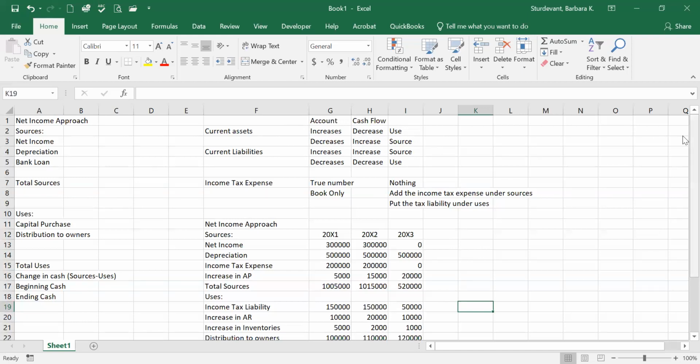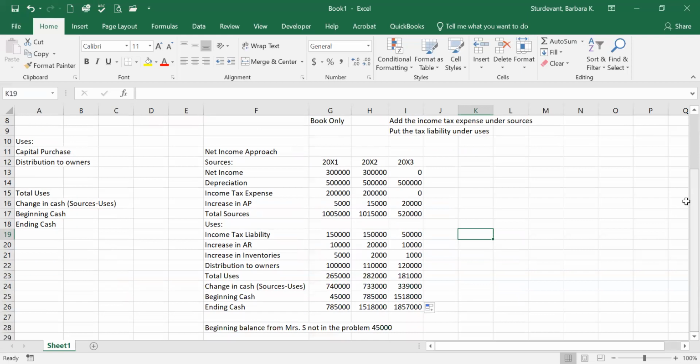Once you have everything in here, you're going to add up your total sources, add up your total uses, find the difference between the two, sources minus uses. As long as you haven't spent too much money, you should have a positive change in cash.